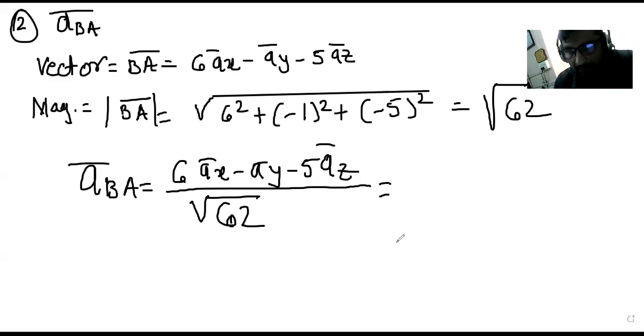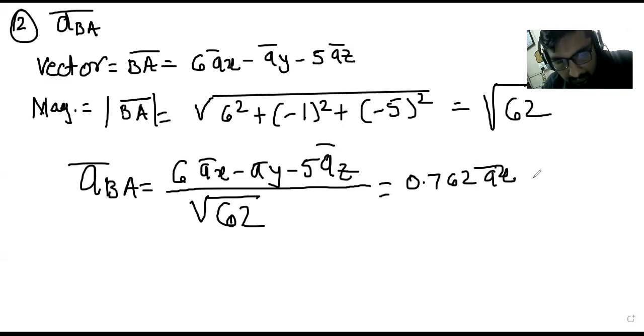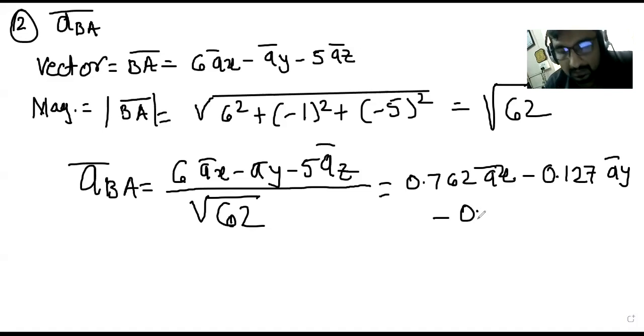So if you have a calculator, just cross check whether I'm writing correct or wrong. It's 0.762 a bar x minus 0.127 a bar y minus 0.635 a bar z. So this is the answer.